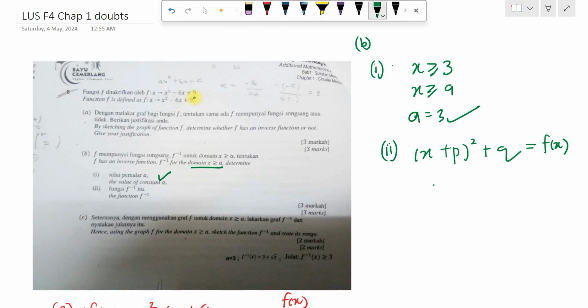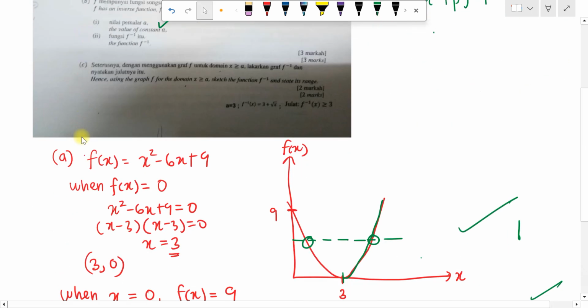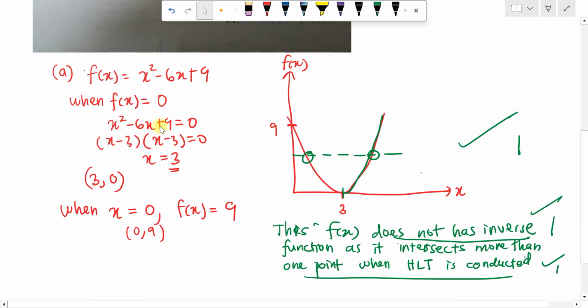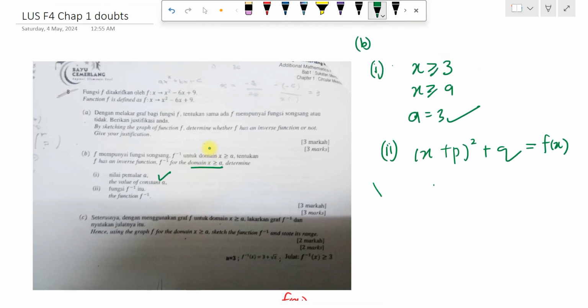So in your calculator, normally when you factorize this, x square minus 6x plus 9, right? You do it in your calculator. It will pop up the answer x equals to 3, and then press equal again.